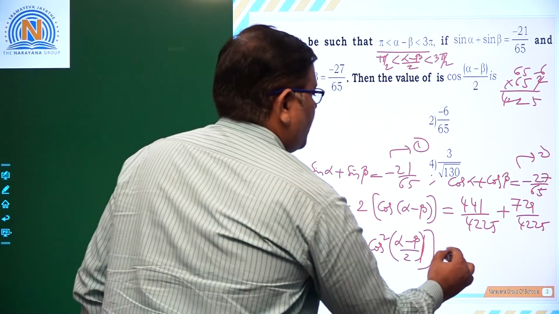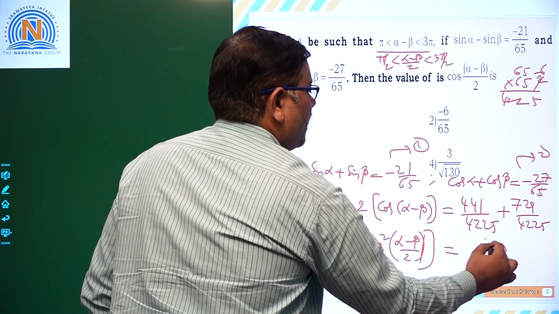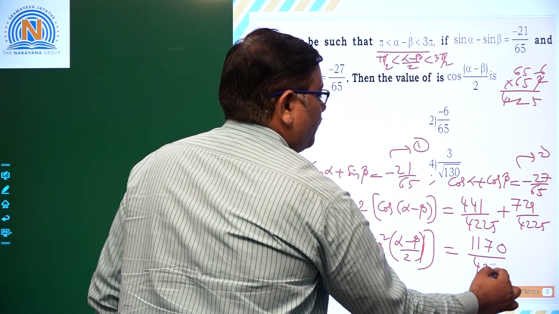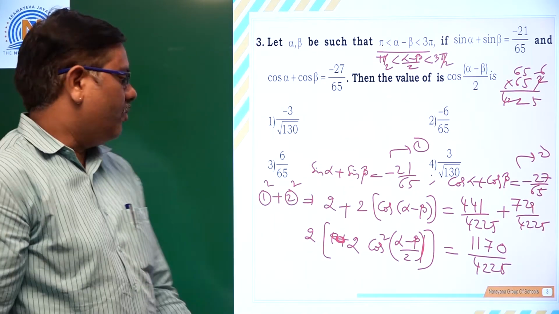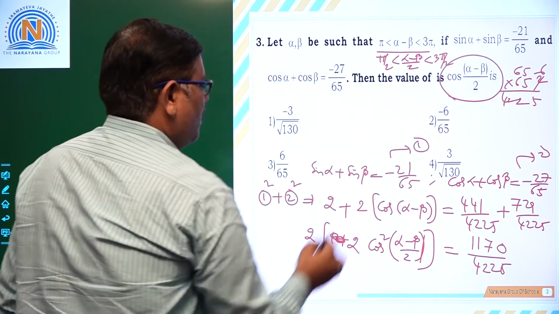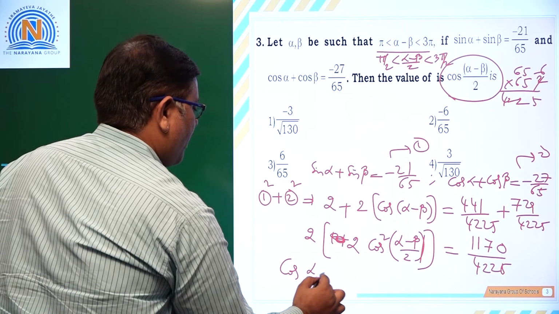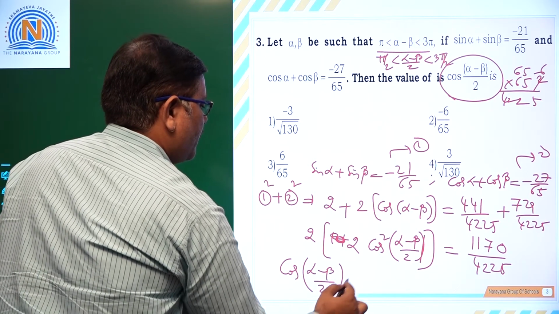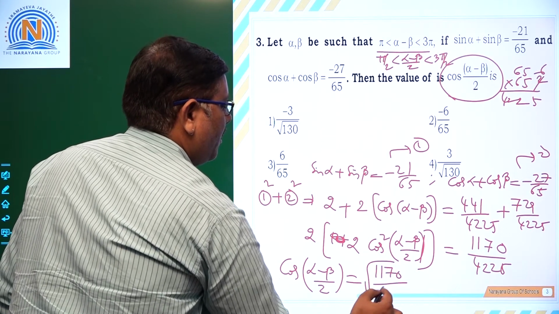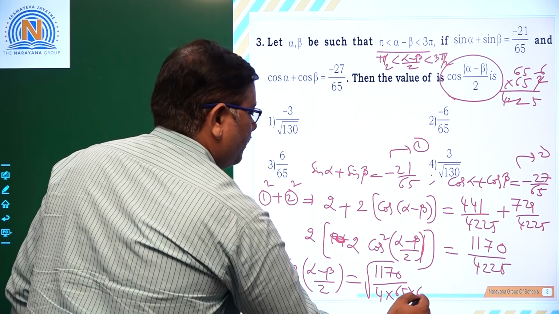Using that, add up these two: 9 plus 1 is 10, 3 plus 4 is 7, 4 plus 7 is 11, so 1170 by 4225. Now you want cos, finally you want cos of that, so the 4 you set to the other side. So cos alpha minus beta by 2 is nothing but under root of 1170 by 4 into 65 into 65.